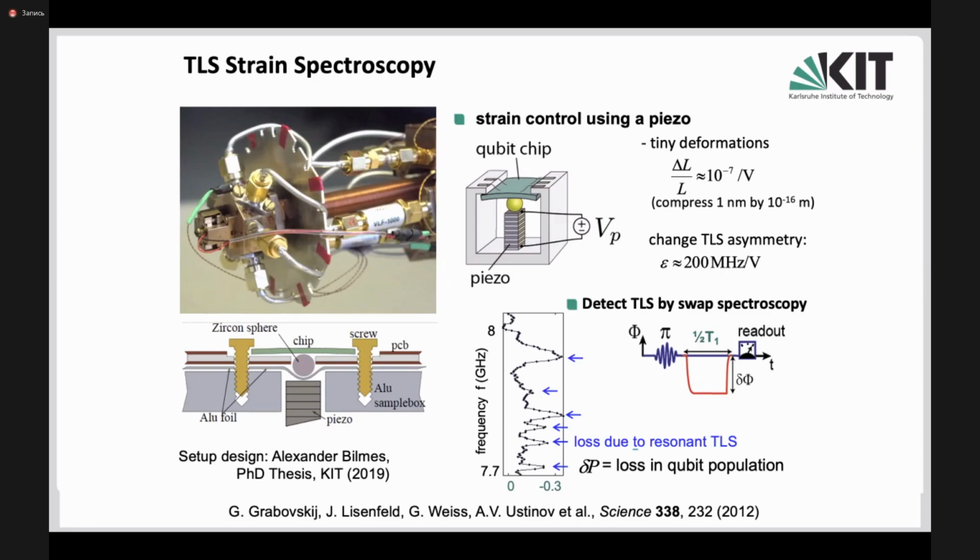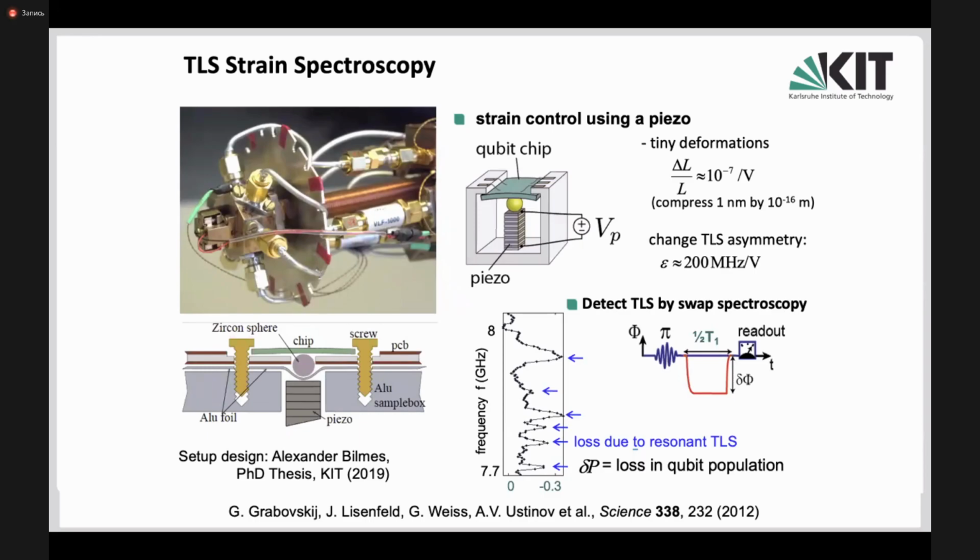And it's a very tiny displacement. If you have 1 nanometer distance between something in the material, then the compression of this 1 nanometer will be as small as the size of nuclei. Actually, it's even smaller than the size of the nuclei. So it's 10 to the minus 16 relative to 10 to the minus 9 meter.